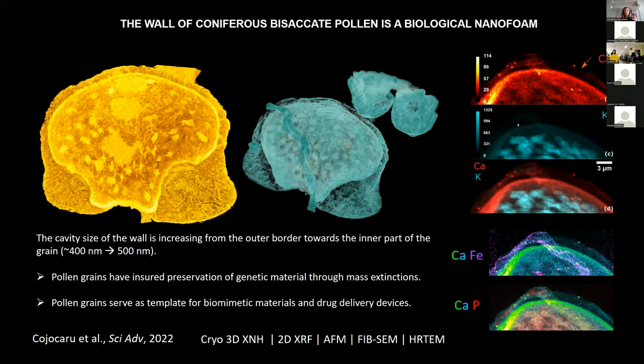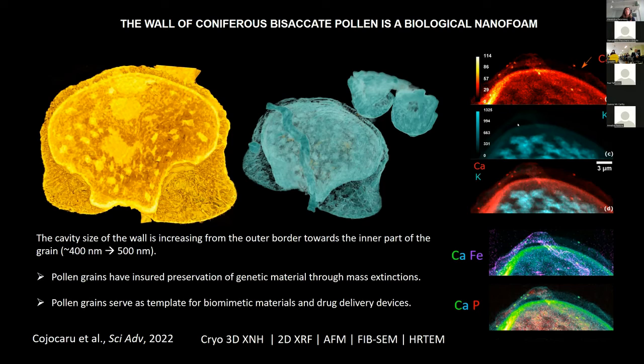By the fact that we can uniquely combine cryogenic imaging at the nanoscale to see the structure, and also X-ray fluorescence, we could see on one hand that this outer part of the grain is a nanofoam, and in fact this was the first nanofoam that we discovered naturally made by nature.